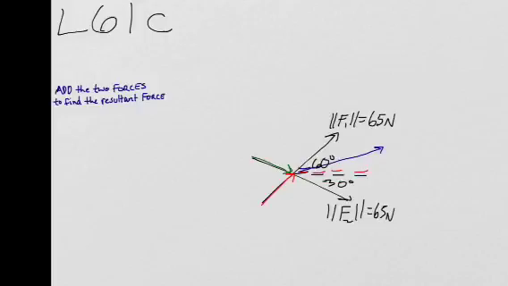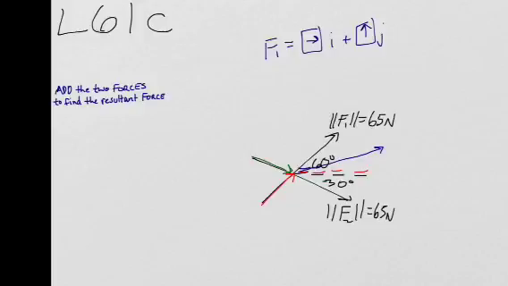So remember that a force can be written with two components. F1 might be some number times i plus some number times j, and the first number is going to represent the horizontal direction, and the second number is going to represent the vertical direction.